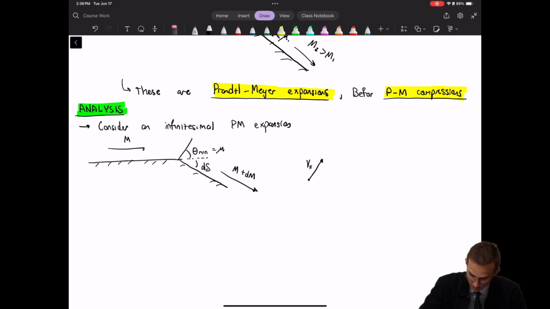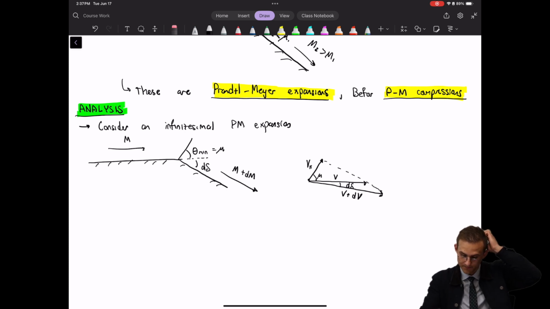And the original velocity is moving along in that direction at an angle mu, at the Mach angle, and then the next flow is separated from the original flow by a d delta, a very small deflection angle, and the magnitude of that vector is v plus dv.